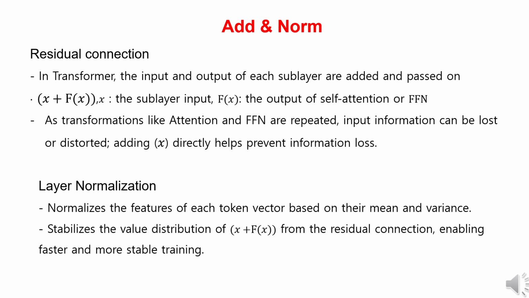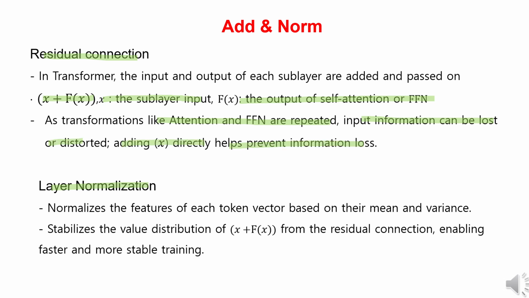Let's take a closer look at residual connections and layer normalization. First, a residual connection is a structure in which the input x of a sublayer is added directly to its output f(x), where f(x) is the output of either the self-attention module or the feed-forward network. As transformations such as attention and FFNs are repeatedly applied, input information can be lost or distorted. Residual connections help prevent information loss.